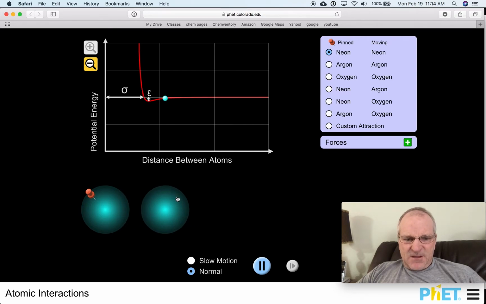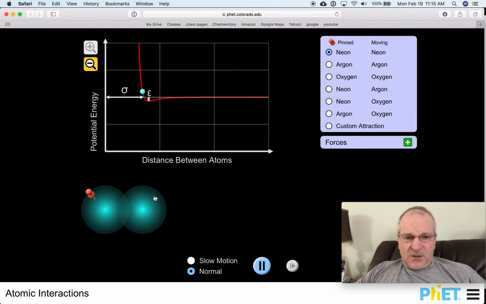So you can see, as the nuclei or the atoms approach one another, the energy diminishes, and as the nuclei begin to get close to one another, the nuclei begin to repel and potential energy goes up.